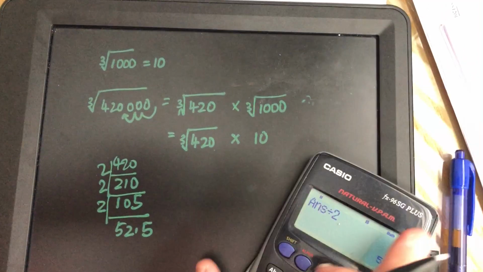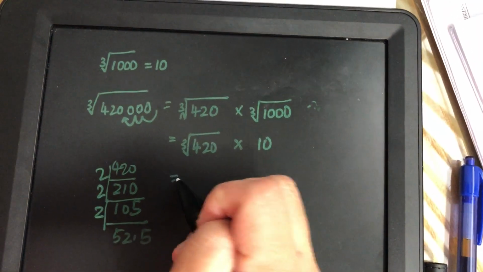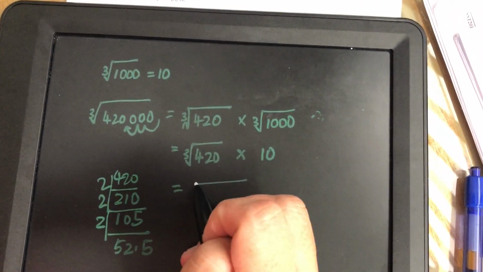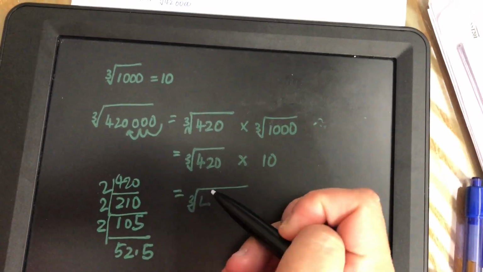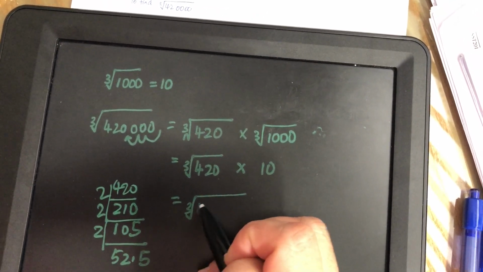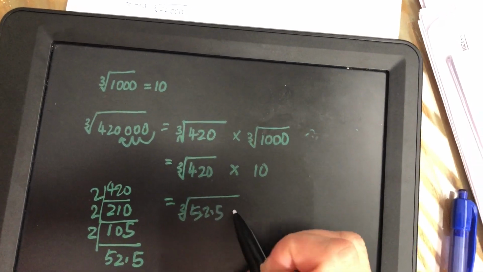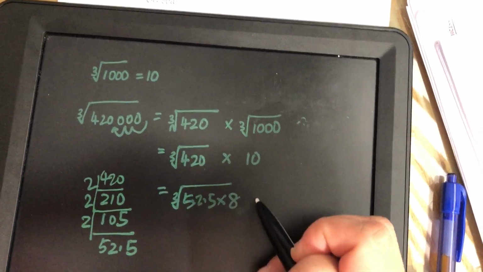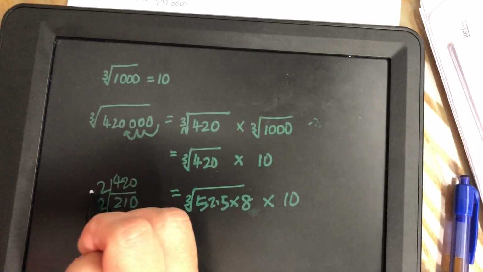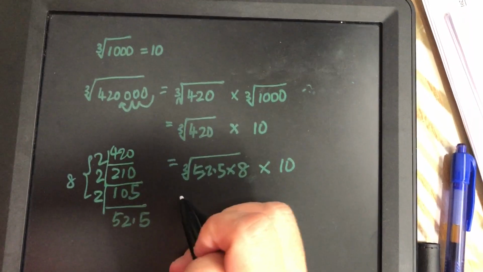So it means that we can possibly rewrite it in this way. Because this is actually 8.